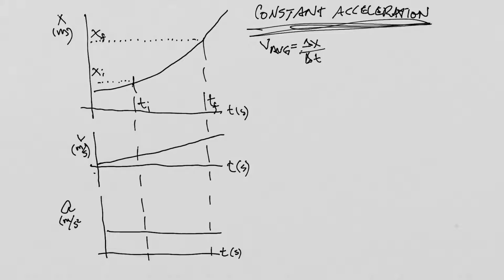And over this time interval here, we have a delta t that's that wide. We have a delta x that is this wide. So this means that the velocity is the slope of the position graph, just like it was in the previous video.